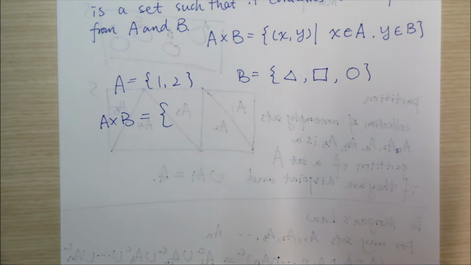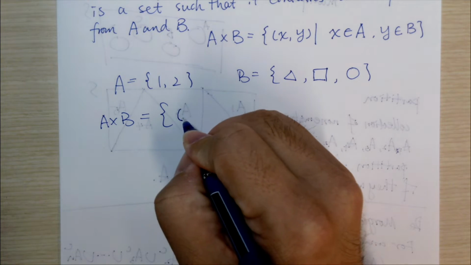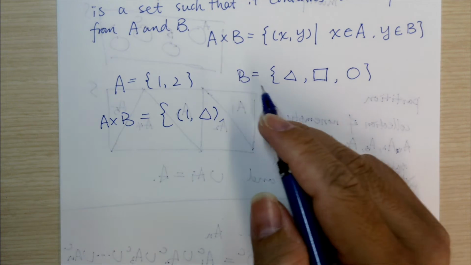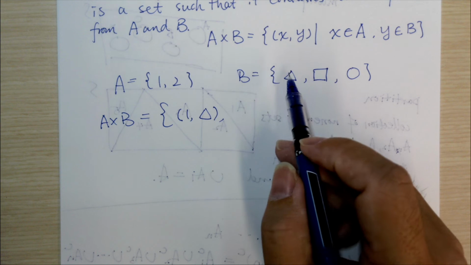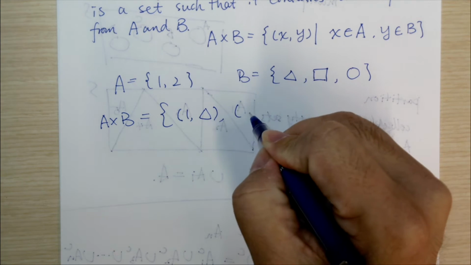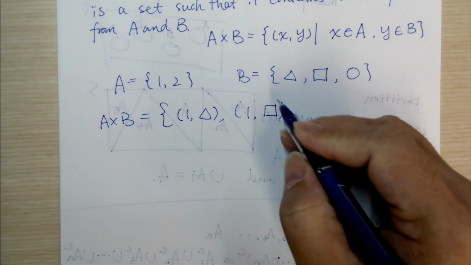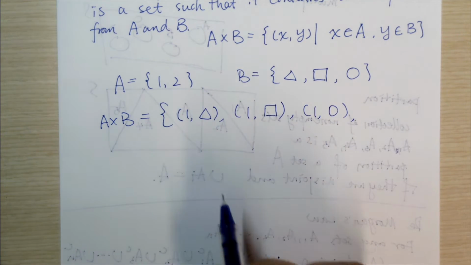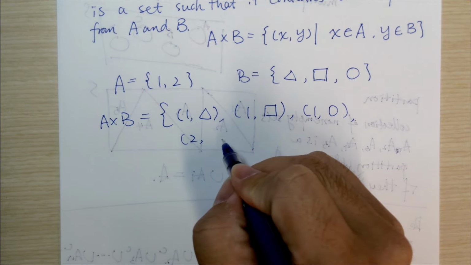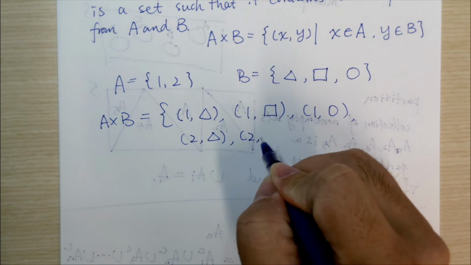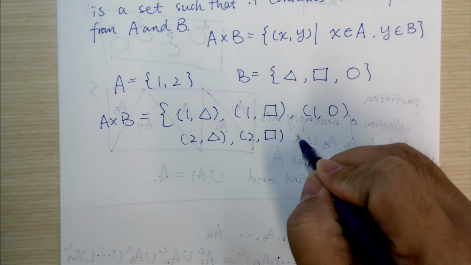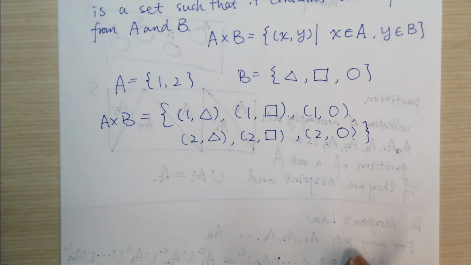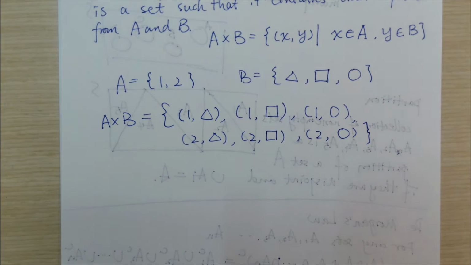We can write the ordered pairs starting with 1: 1 triangle, 1 square, 1 circle, and then 2 triangle, 2 square, and 2 circle.